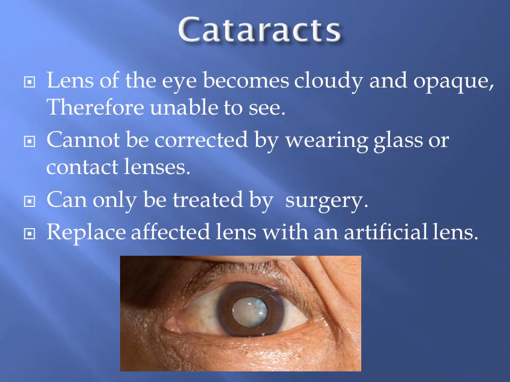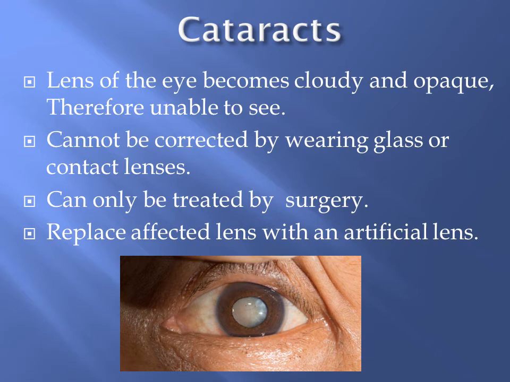So in cataracts, what happens? The lens of the eye becomes cloudy and opaque, so that the person is unable to see. It cannot be corrected with glasses or contact lenses, and can only be treated by surgery.